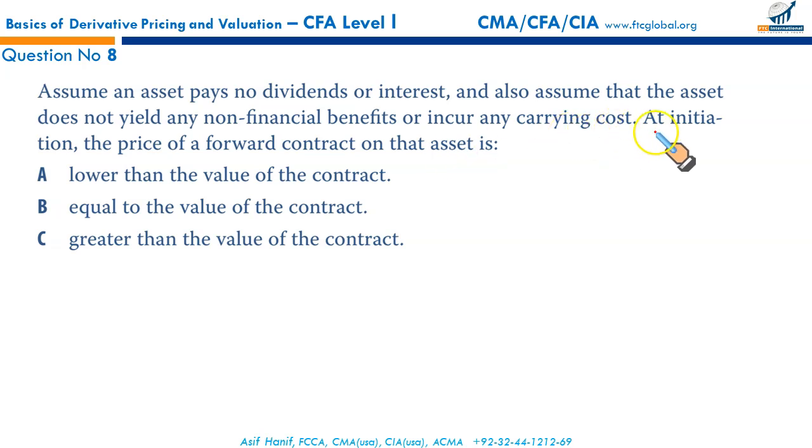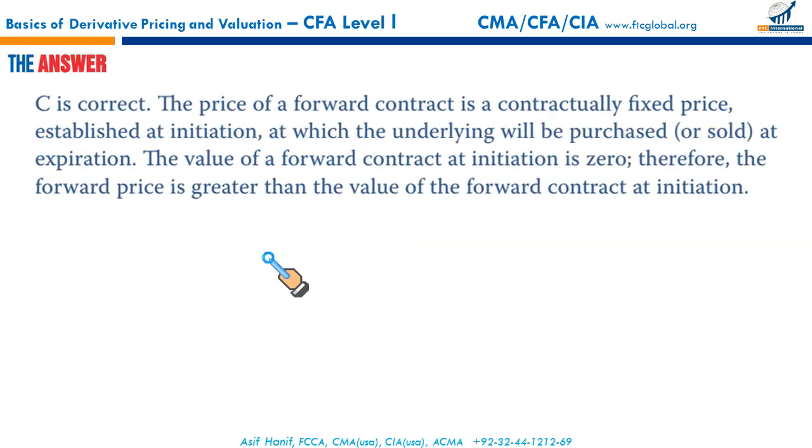So what we can say is that at initiation, the price of the forward contract on the asset is greater than the value of the contract, because the value of the contract is 0 and the forward contract price is fixed. So price would be greater than the value of the contract. So that makes C the correct option.